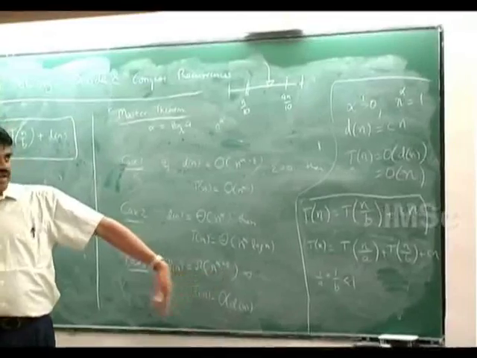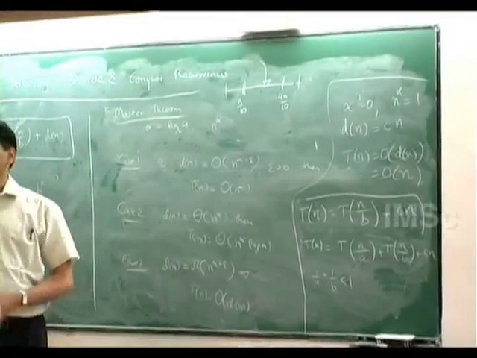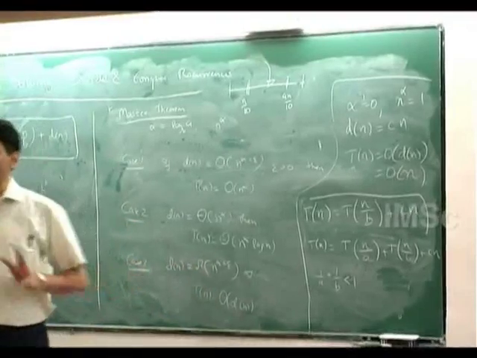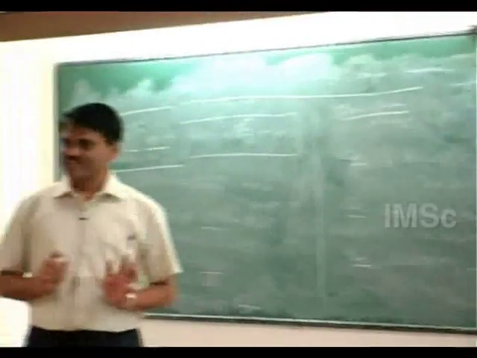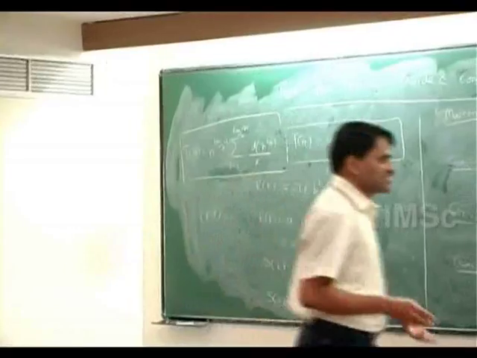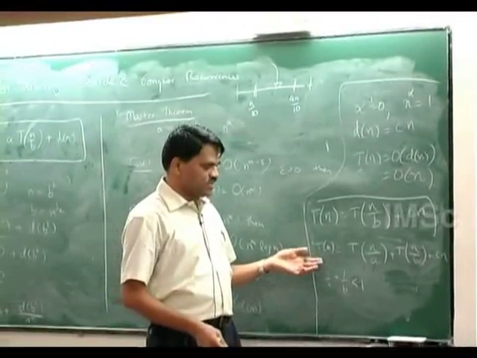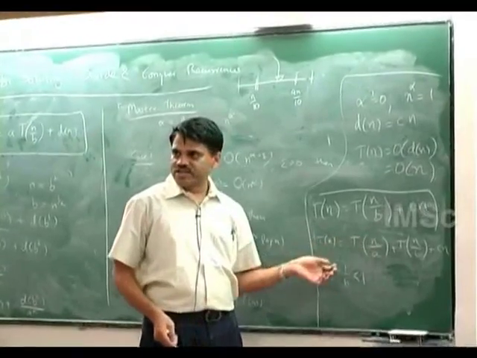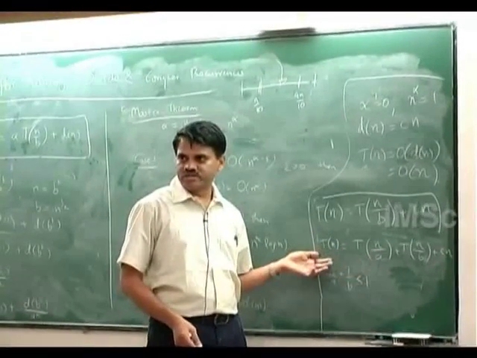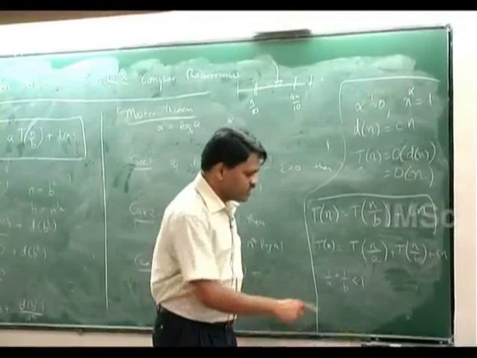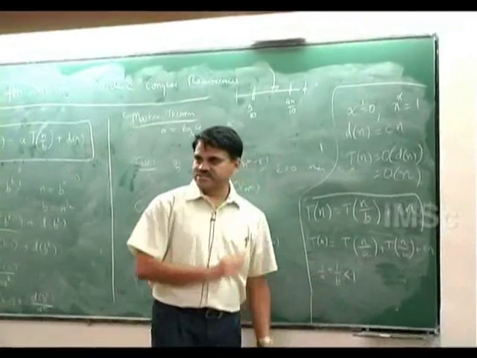I'll sketch the proof using one more method than what you have seen in the morning, just something we know, induction. I'm going to guess that this is linear time. There is a base case and all that. We will guess that this recurrence solves to linear time, and try to prove by induction that it is linear time, and see where we critically use the fact that this is strictly less than 1.